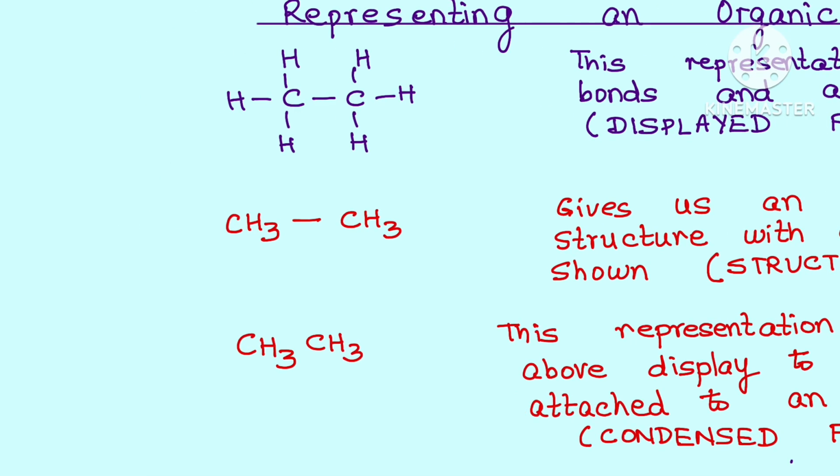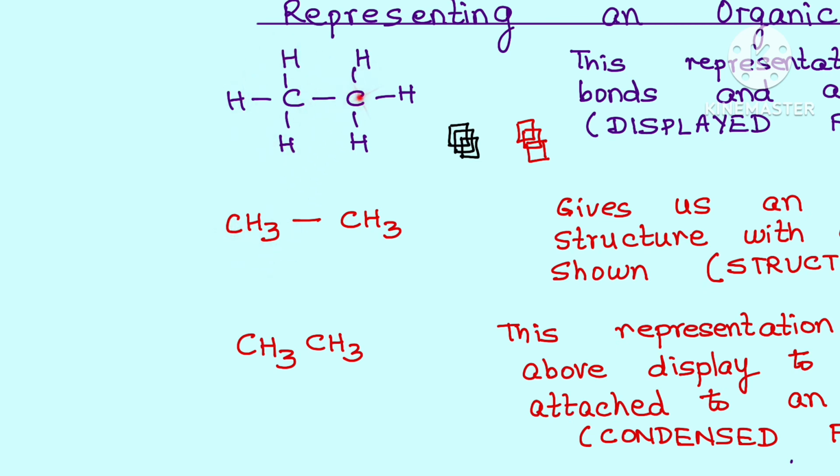Now you see over here 3 hydrogen atoms on 1 carbon atom and 3 hydrogen atoms on 1 carbon atom. So it is like in an exhibition you have 3 copies of the same book. Instead of putting all 3 copies on display, what would be more convenient is to put the 3 copies of the same book together. So that is what we have done over here.